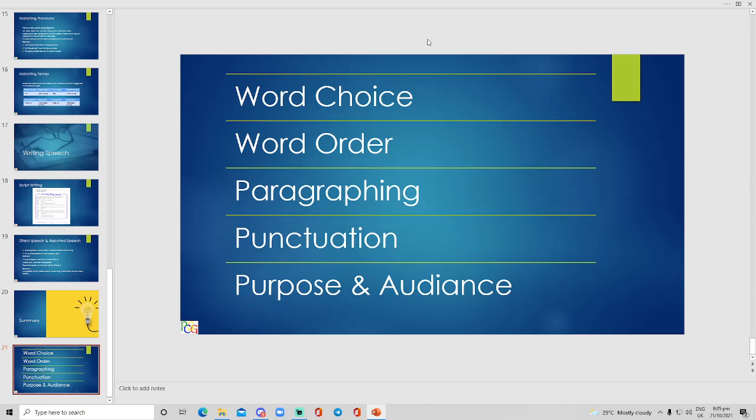We also have word order, sentence structure, and subject and verb agreement. I also have paragraphing in here, which we went through last class. If you watch the recording, you'll see that. Punctuation, I also went through that. Purpose and audience is also what we went through in Unit 1. So this would be the summary of the 5 major headings in Unit 1.